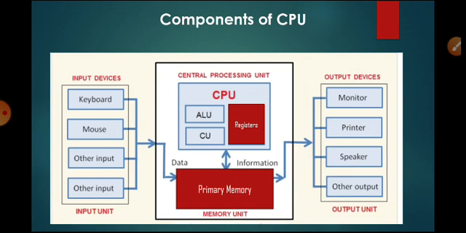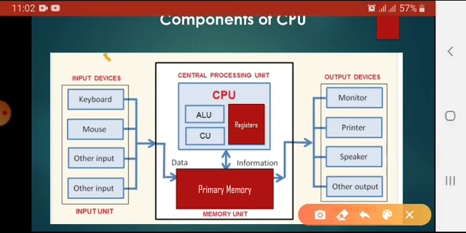Through this picture, you can understand the components of the CPU in a much better way. First of all, you see that we have input devices, and these input devices are combinedly known as the input unit. These devices may contain keyboard, mouse, scanner, mic, or any other input device.